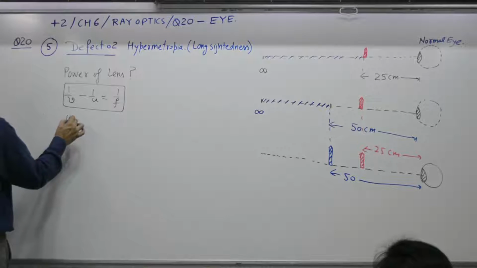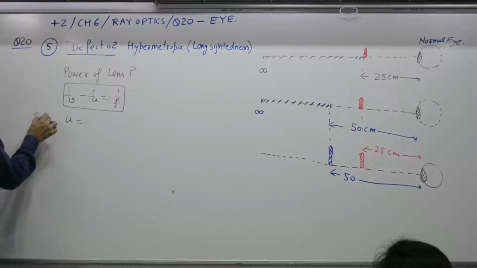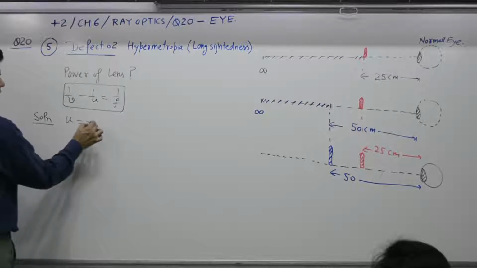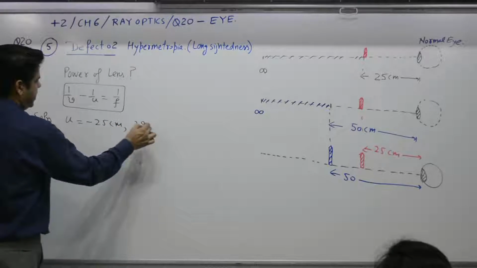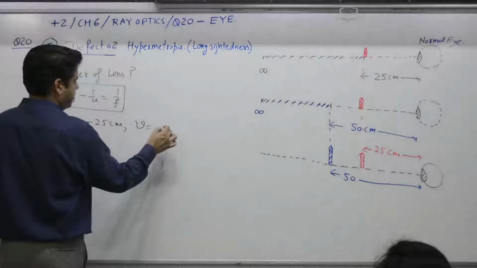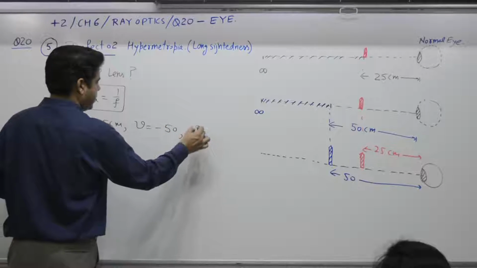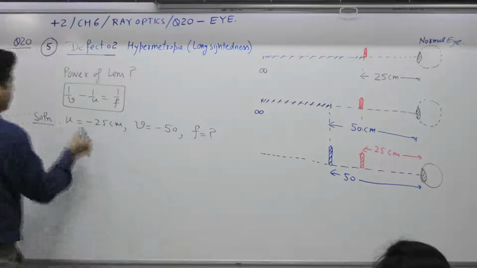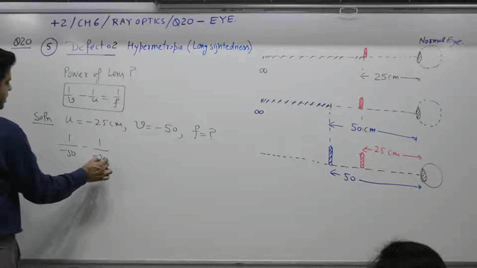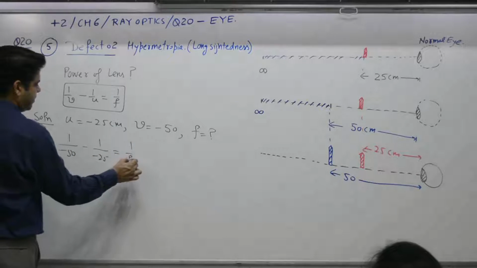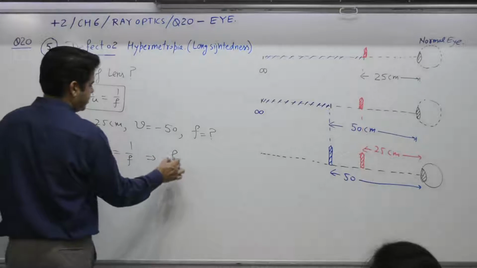U is equal to what? Minus 25. V is equal to what? Minus 50. You have to find out what? F. 1 by V minus 50 minus 1 by U minus 25 is equal to 1 by F. When you solve, F is equal to what?